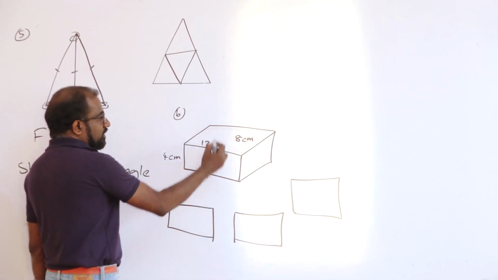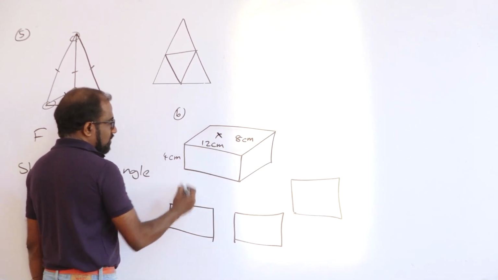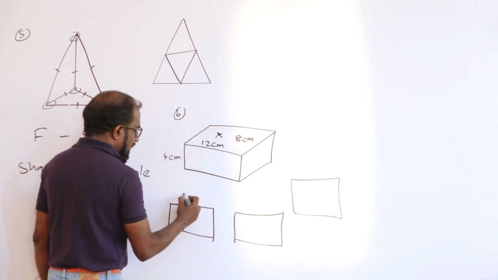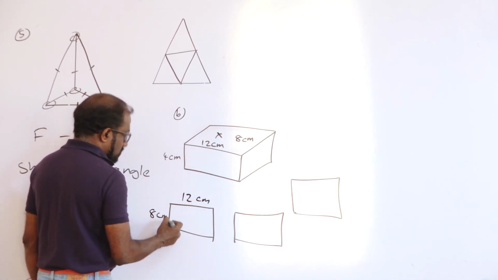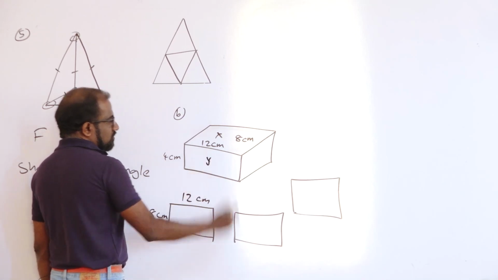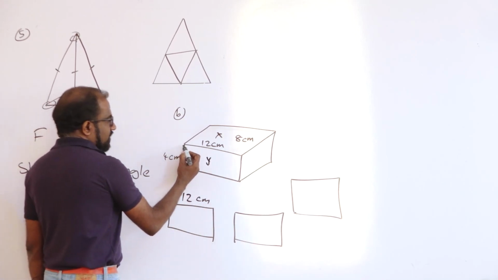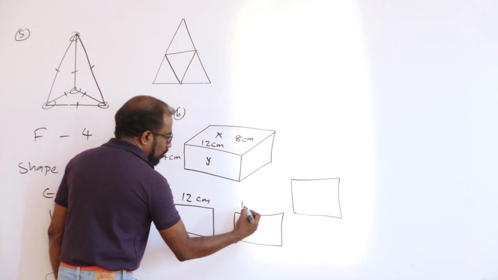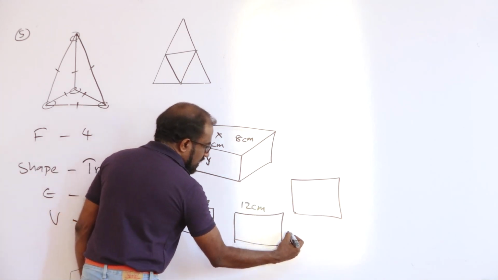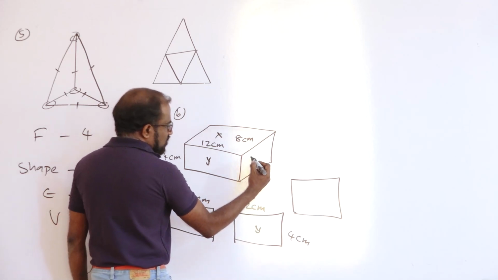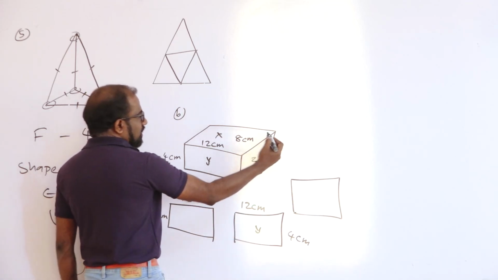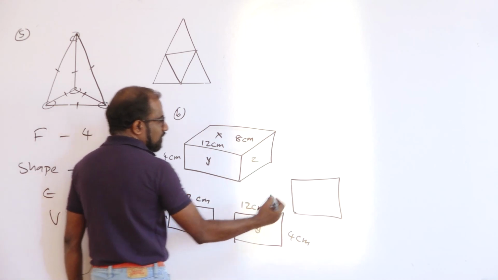If you take this face, length 12, breadth 8. If you take this one as a face, length 12 centimeters, breadth 4 centimeters. If you consider this one as the other rectangle, length 8, breadth 4.